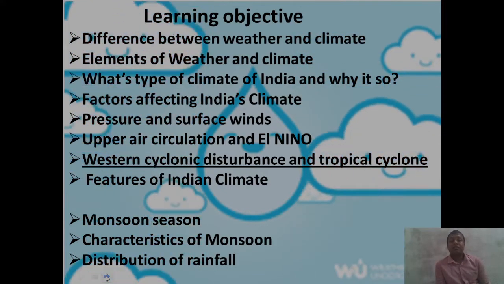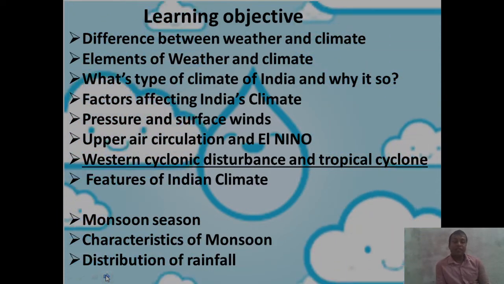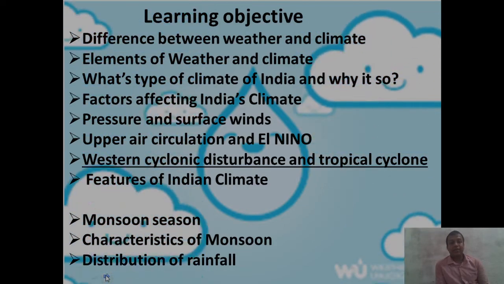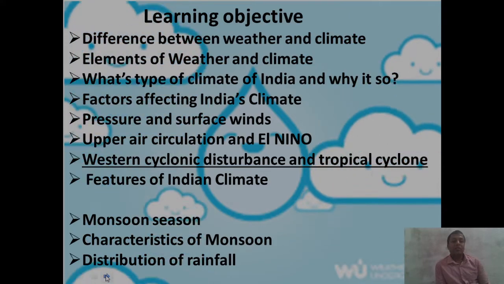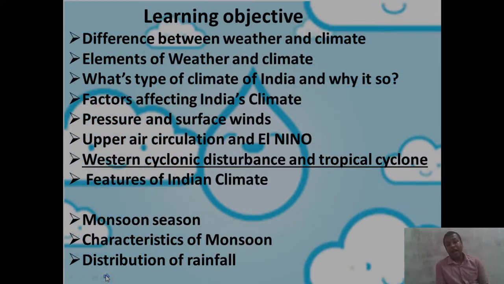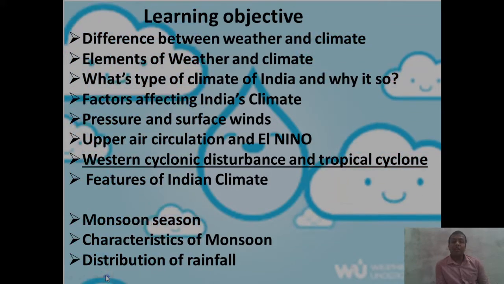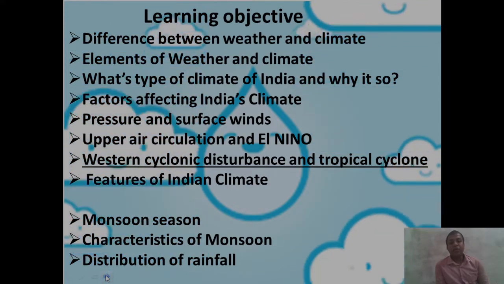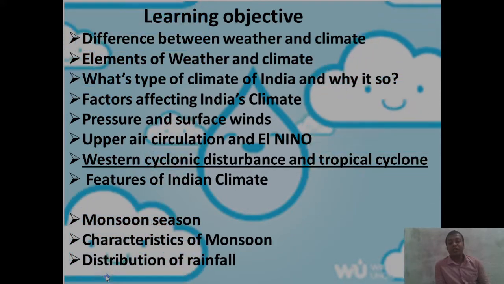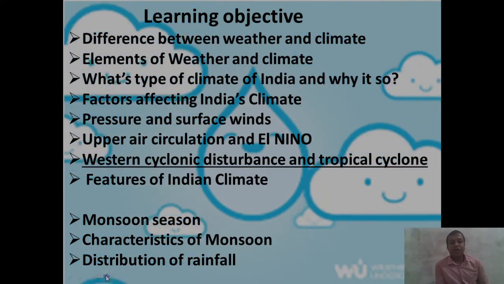After that, a very important thing: factors affecting India's climate. And after that, pressure and surface wind, upper air circulation, and El Nino, the western cyclonic disturbance, tropical cyclone.